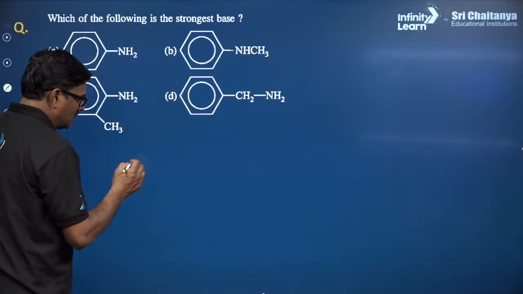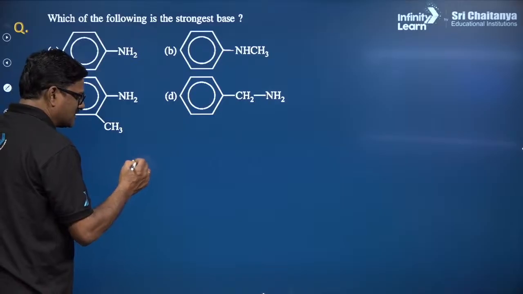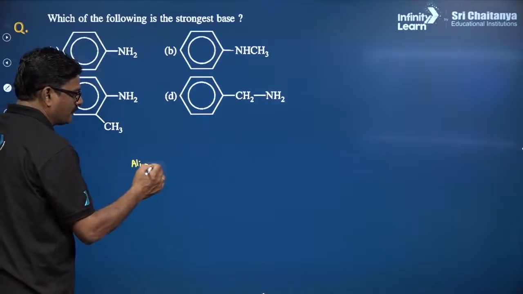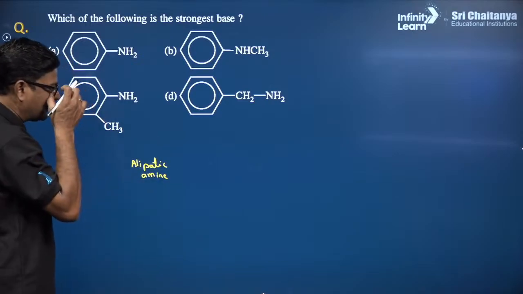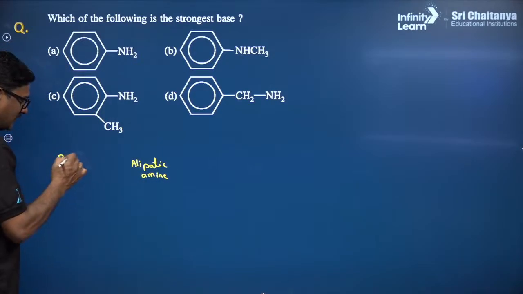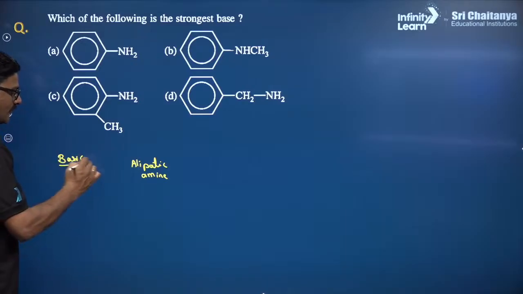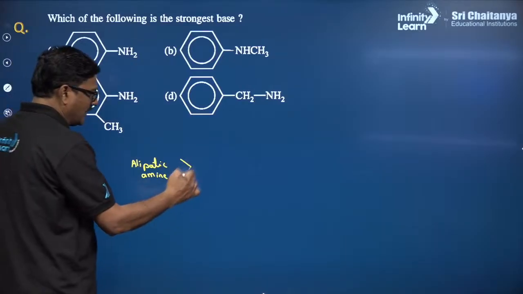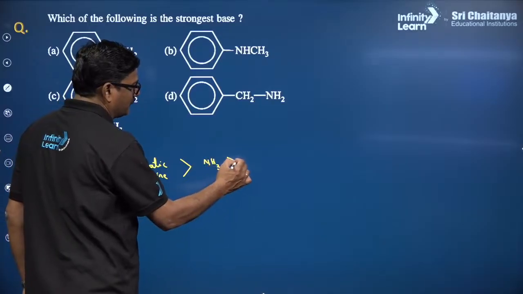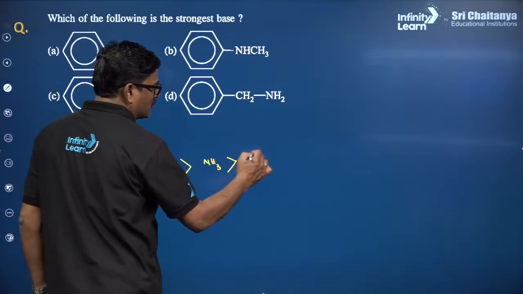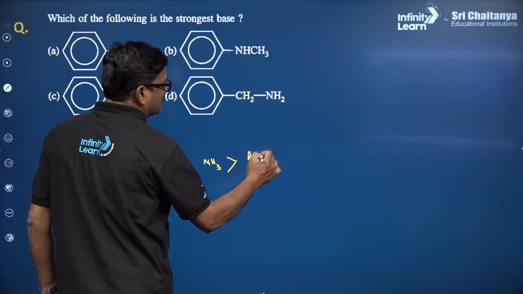So, aliphatic amines, let us talk about these basic strengths. Aliphatic amine is more basic than ammonia. Ammonia is more basic than aromatic amines.